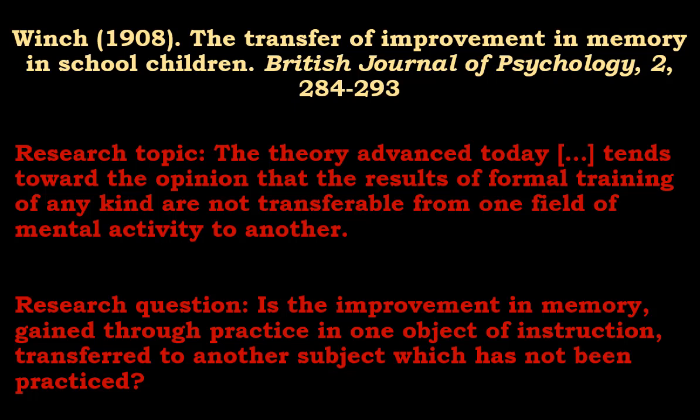And one of the first studies that was influenced by Mill's methodology was a Winch study in 1908, The Transfer of Improvement in Memory in School Children, published in the British Journal of Psychology. Now, this is not perhaps the first study that used Mill's methodology.